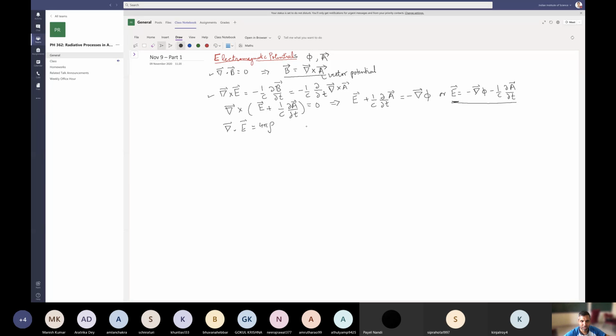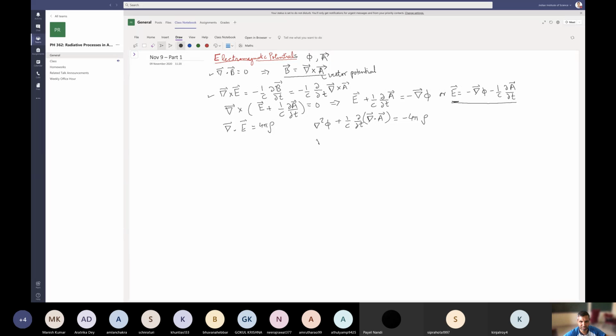We get del squared phi plus 1 by c d/dt of del dot A. This is just the divergence of the electric field, and it is equal to minus 4 pi rho. So this is one of the equations.